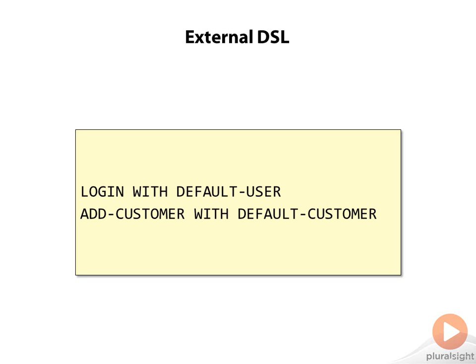So for this external DSL, we might say login with default user, add customer with default customer. And this constitutes two commands in our DSL. So this is something just to think about. It's fairly advanced, but you definitely want to make sure that you at least have an internal DSL because that will make your tests very easy to understand, maintain, and use in the future.